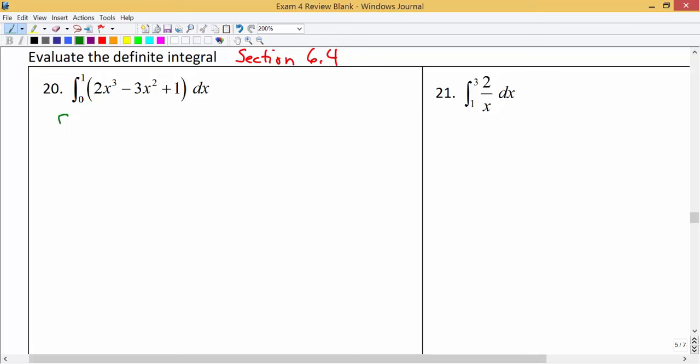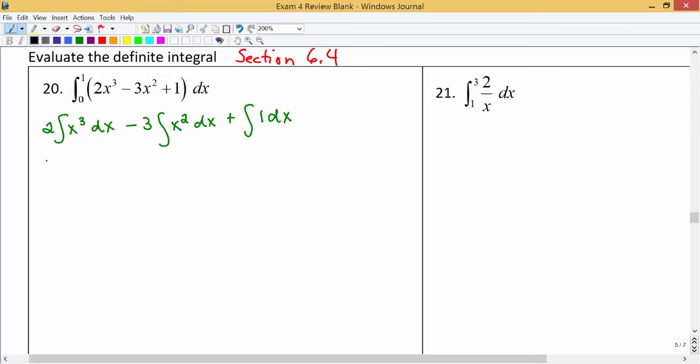So if I'm going to find the antiderivative, I'm going to integrate each of those terms separately. So I'm going to go ahead and rewrite it using the techniques that we've used before, separating each term into its own integral. With respect to x, we're going to integrate each one.